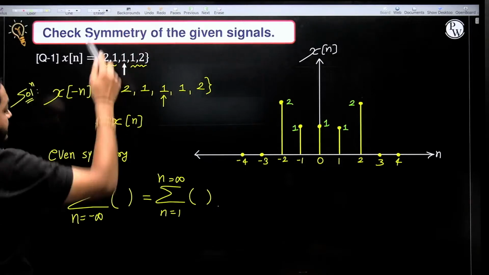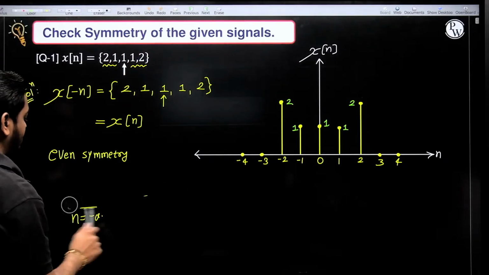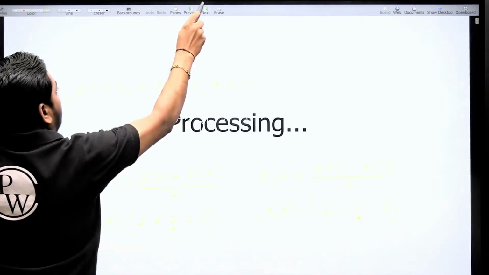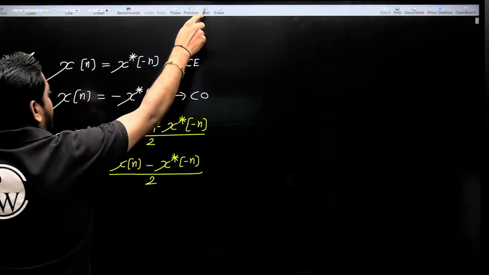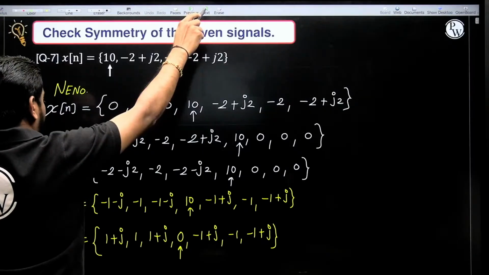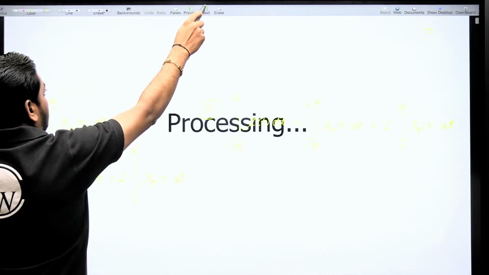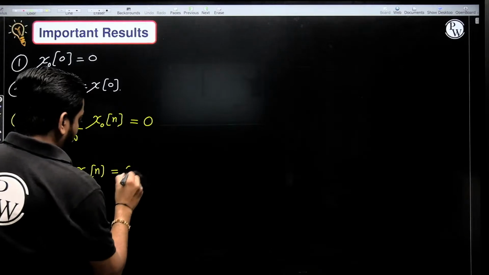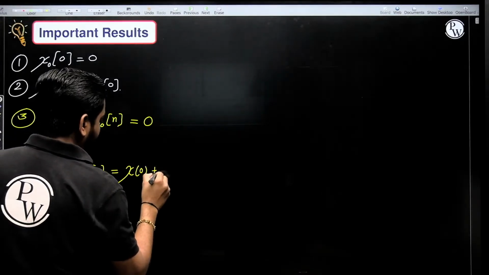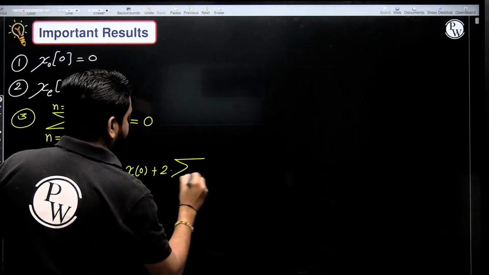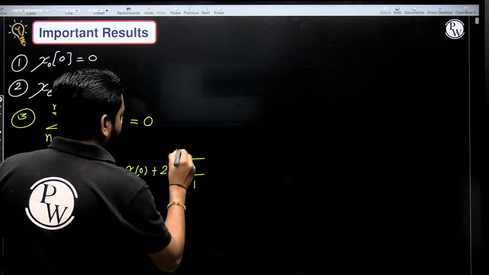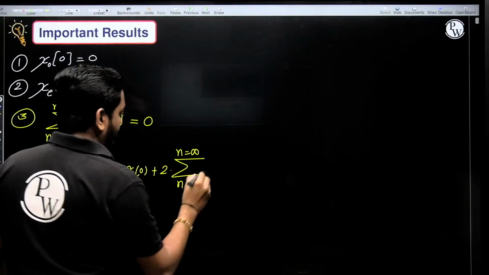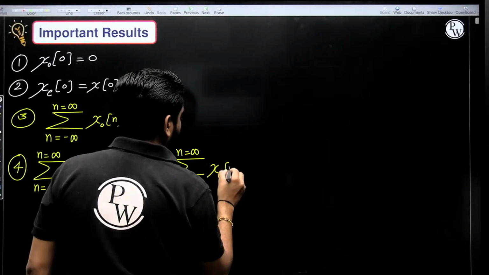So what exactly we can say? Here we can write like this, discrete time, the important result is x of 0, the origin value, plus 2 times summation n from 1 to infinite x of n.